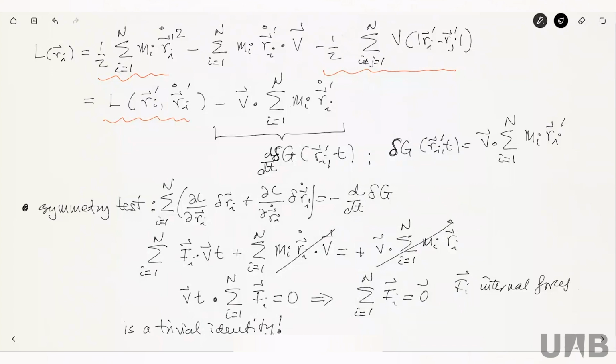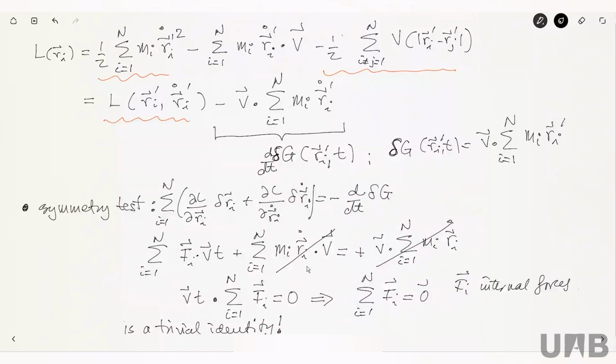In the previous cases, the symmetry test was telling us that either the moment of the forces had to vanish or the total force acting on the system had to vanish or something like that, right? In this case, it's a trivial identity. We know that for a potential like this, the sum of all the internal forces has to vanish.